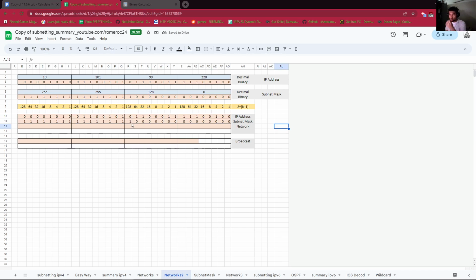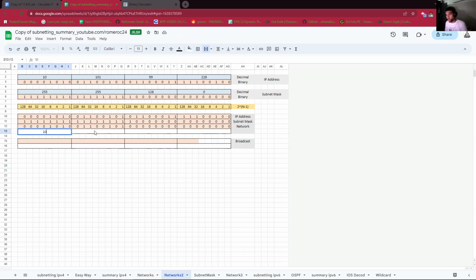And what we do is we multiply the binary of the IP address and the subnet mask. Whatever is multiplied with 1, once again we get the same answer, so copy this and paste right here, and whatever is 0 will become 0. So we copy this again and put right here, so we get 0.